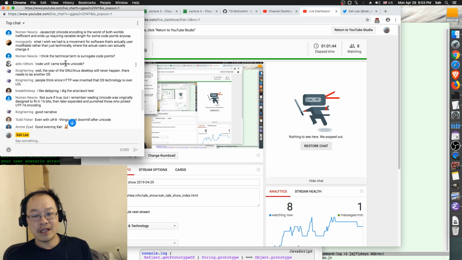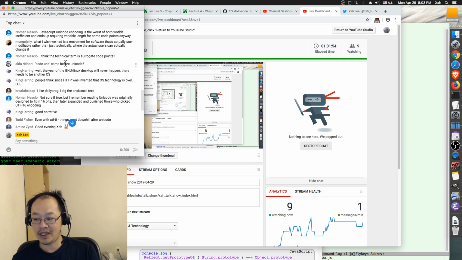That's my understanding of where the jargon code unit came from. It may have history before this, but I'm not sure. Mostly today, when you say code unit, you pretty much mean the UTF-16 16 bits.